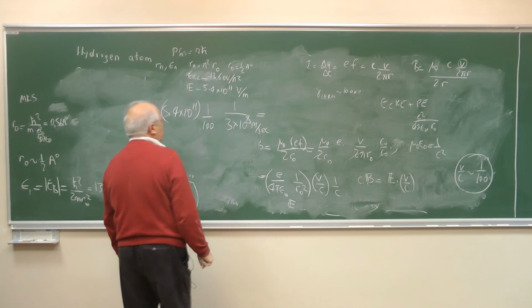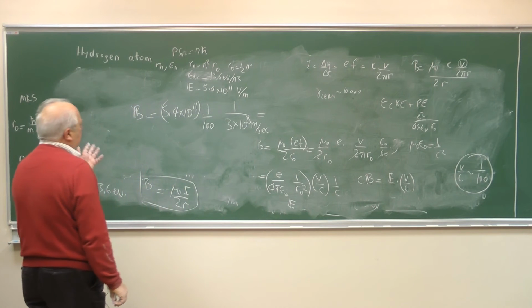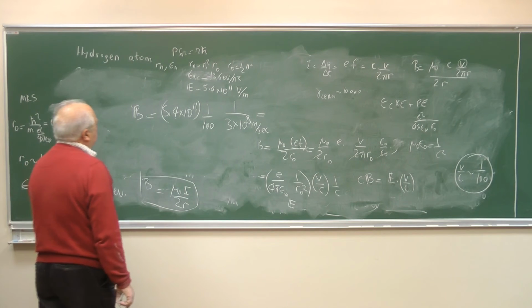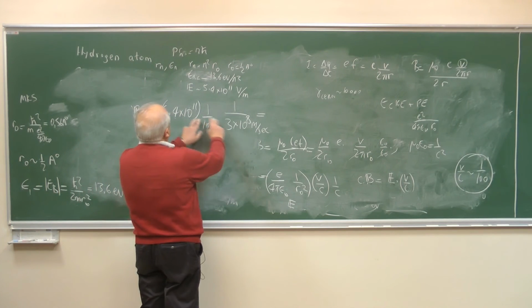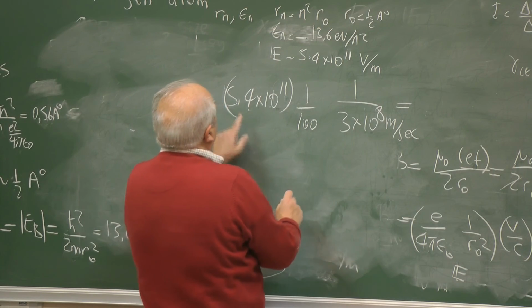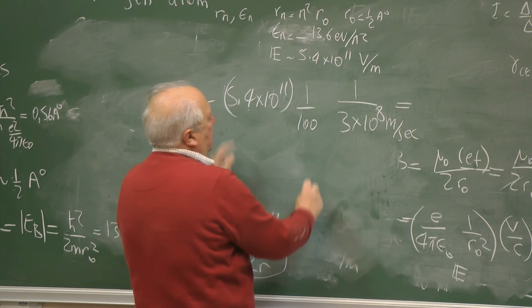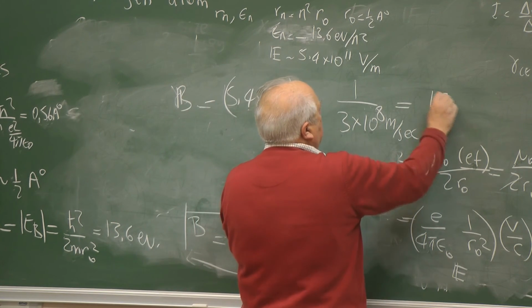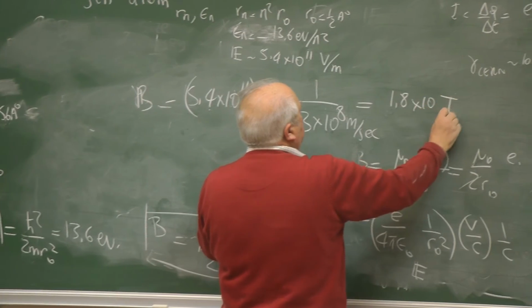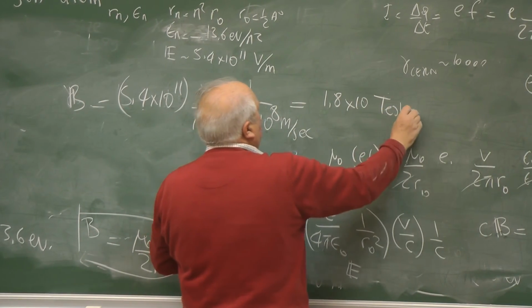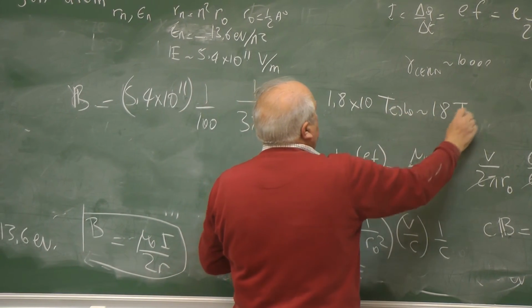Everybody is in MKS, so it will come out to be the B in Teslas. So this is 10 to the 10, which gives me 5.4 divided by 3 is 1.8, so it is 1.8 times 10 Tesla, which is 18 Teslas.